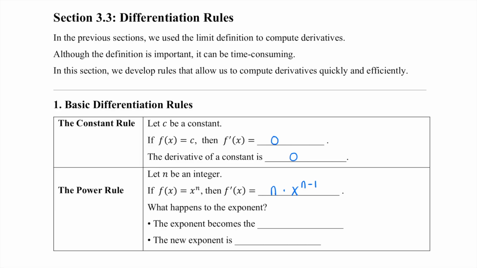Two things happened. First, the exponent becomes the coefficient. Second, the new exponent is 1 less than the original exponent. This rule is extremely important and we will use it very often.